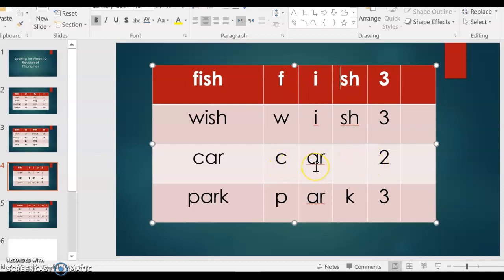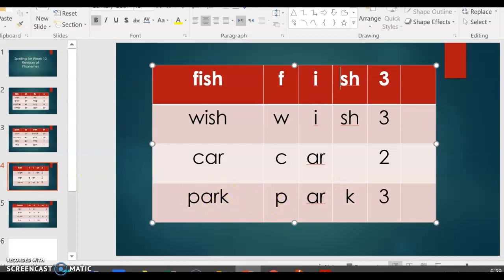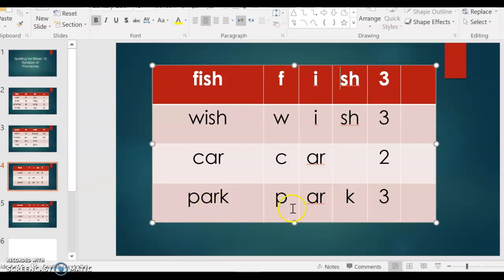K, ar. Park. Very similar to here, only we've got a k at the end. So we've got p, ar, k. 1, 2, 3. 3 phonemes. So that's the last word on that page.